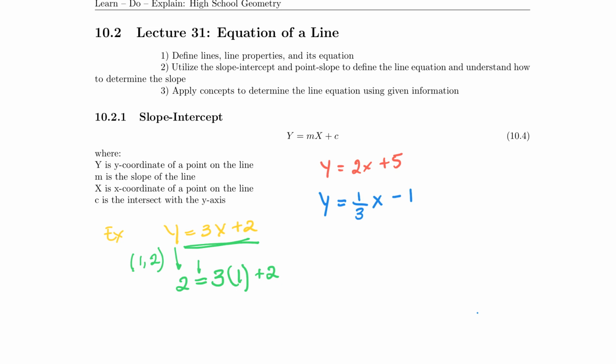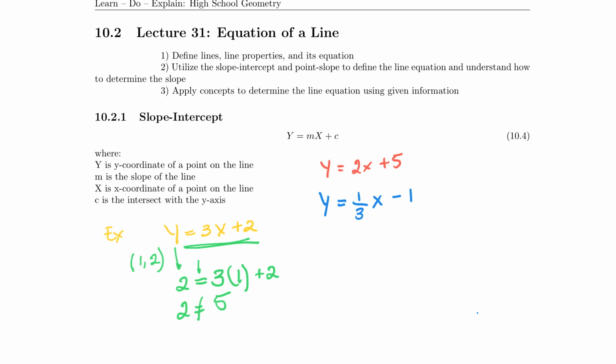If we solve this equation, we end up with 2 equal to 3 times 1 is 3, plus 2 is 5. Is 2 equal to 5? No, correct? So what does this mean? That this point (1, 2) does not belong to the line whose equation is y equals 3x plus 2.